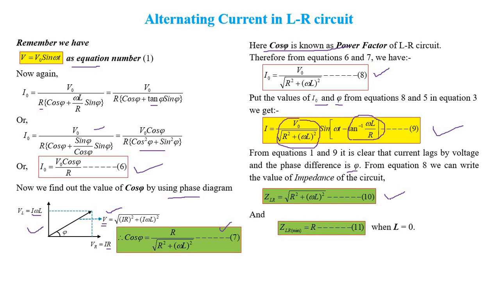So we have seen here the impedance is equal to root over R square plus omega L whole square. The minimum value of the impedance of LR circuit will be equal to R when we put L is equal to 0 or by short circuiting the inductor. This is the minimum value of impedance.